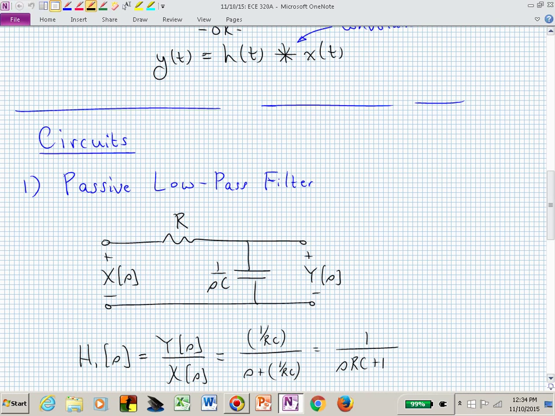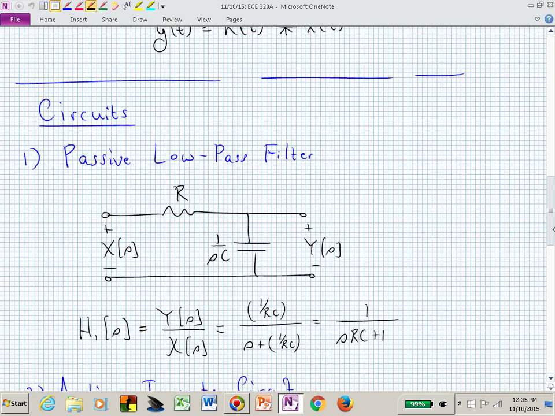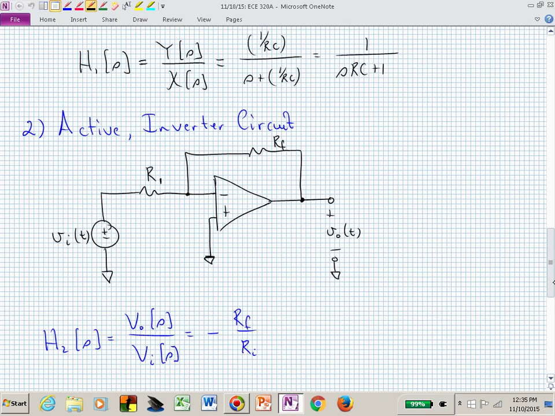Do you remember the terminology we use? That's the pole-zero form, because you can very directly see where the poles and zeros are located, those values of s where the numerator or denominator vanishes, for zeros or poles. And the one on the far right is the time constant form. The time constant is this product of R times C. That's a first order low pass, and it's passive.